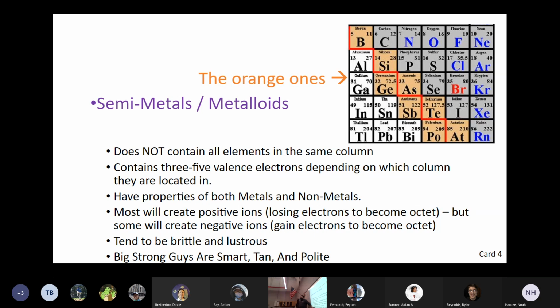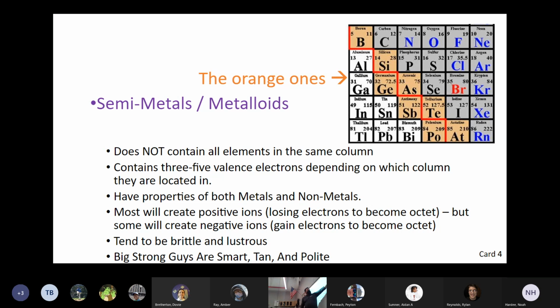There's a mnemonic device to remember them. A little sexist, but whatever. It's called: Big, strong guys are smart, tan, and polite.